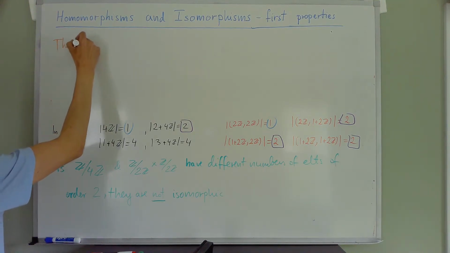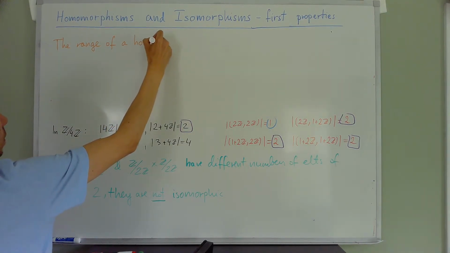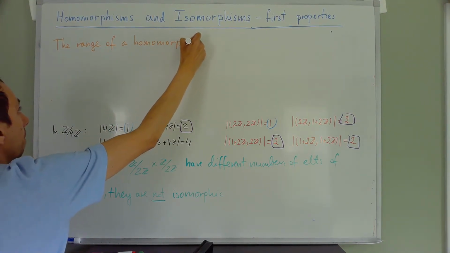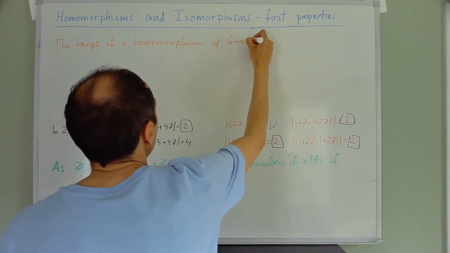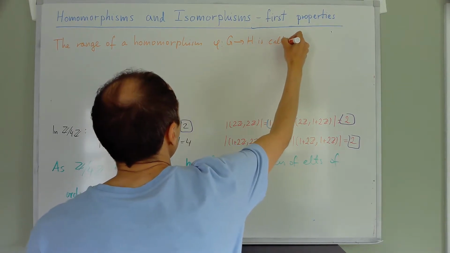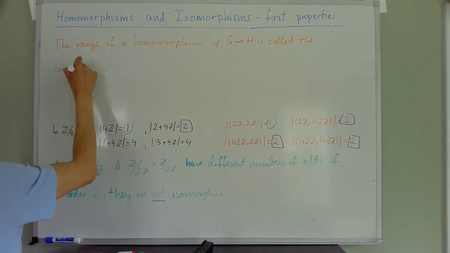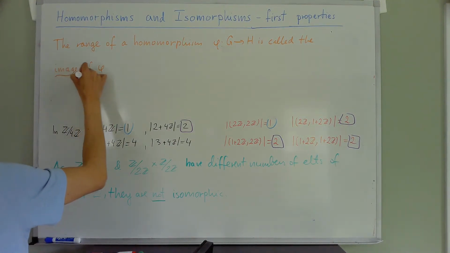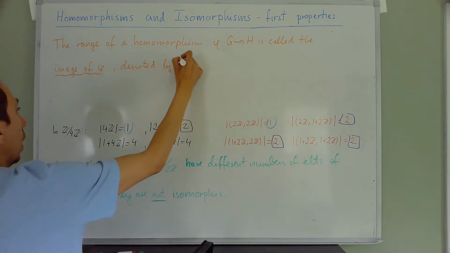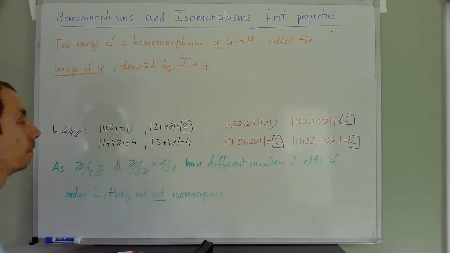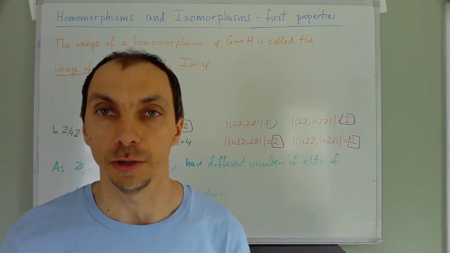The range of a homomorphism phi from G to H is called the image, denoted by Im phi. I've been talking about the range so far, but the proper terminology in group theory is the image.